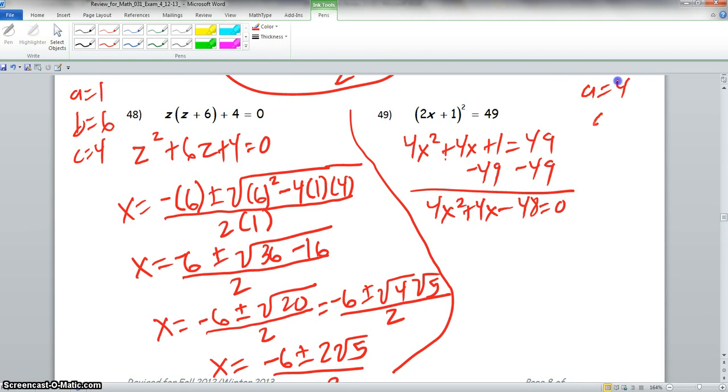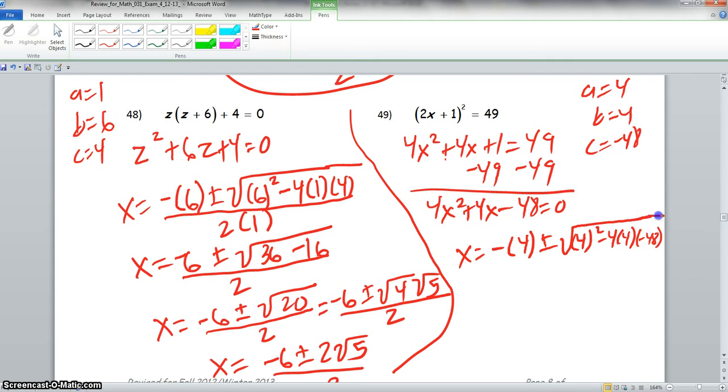So our a is 4, our b is 4, and our c is negative 48. So we have x is equal to the opposite of b plus or minus the square root of b squared minus 4 times a times c all over 2 times a.